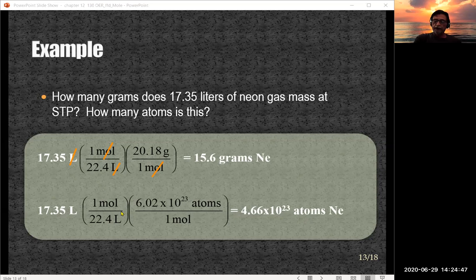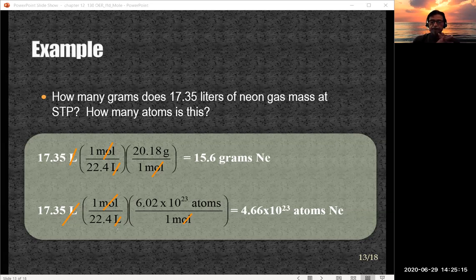Then I bring in Avogadro's number, which tells me how many atoms of neon gas I have. Before I do any of the math, I double check to make sure that my units all cancel out properly. Moles cancel, liters cancel, leaving me with atoms, which is what the question asks for.